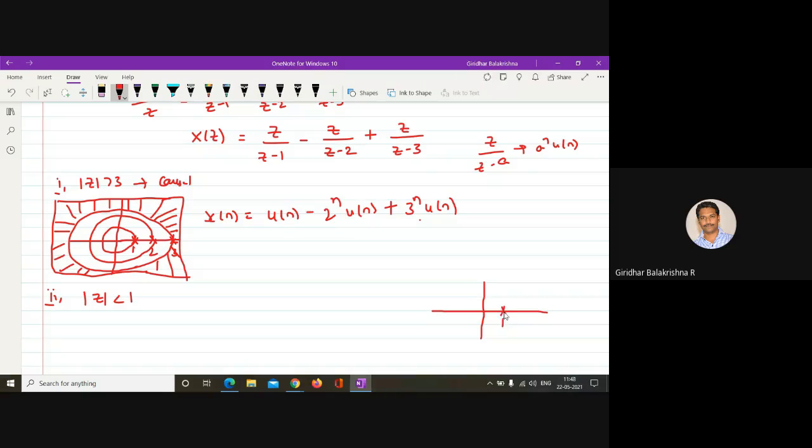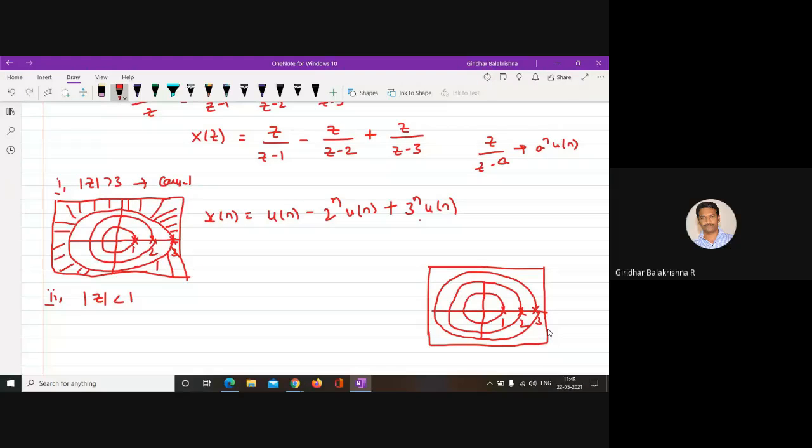One pole is at 1, second pole is at 2, and third pole is at 3. And this is which plane? Z plane, sir. Z plane. So this is real part of Z and this is imaginary part of Z.